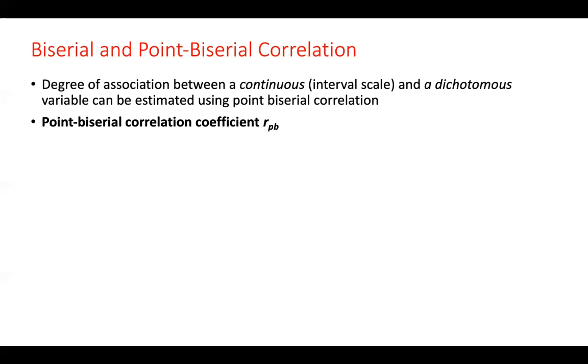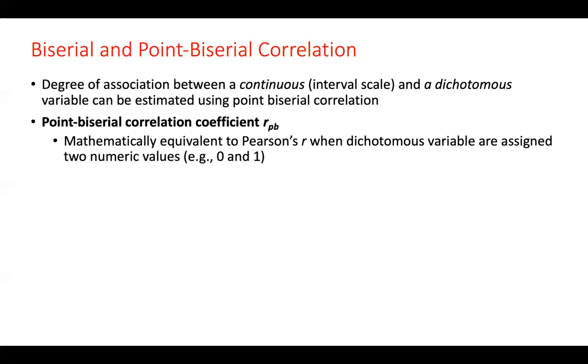In order to do so, you use a point biserial correlation coefficient, right? I just wanted you to hear that term so that if you come across it, you know what it means. It's mathematically equivalent to Pearson's r when the dichotomous variable is simply assigned the two numeric values 0 and 1.